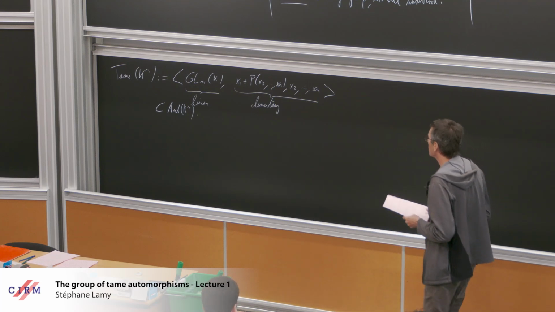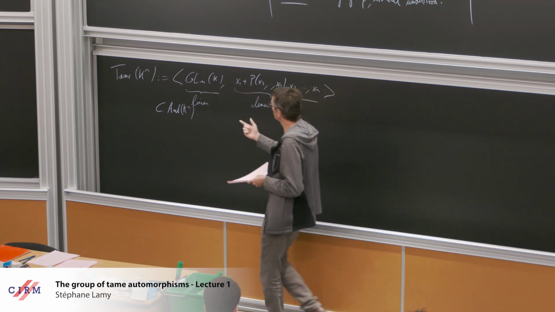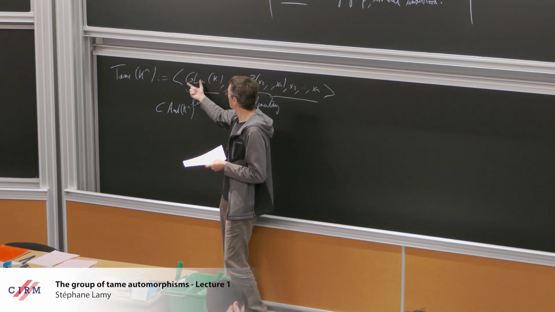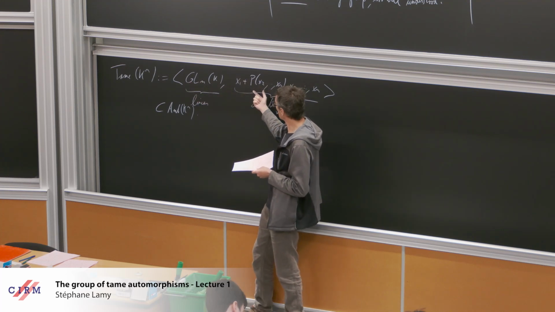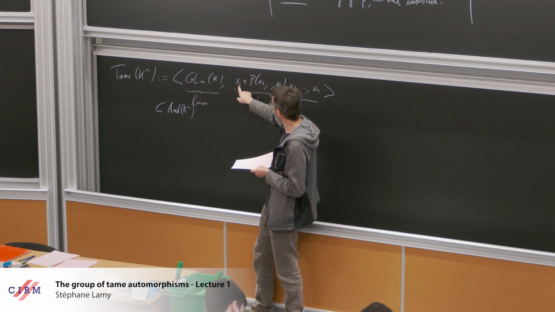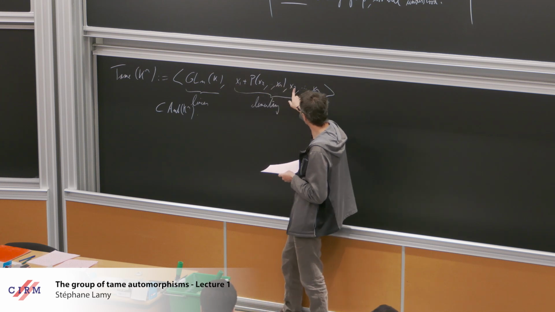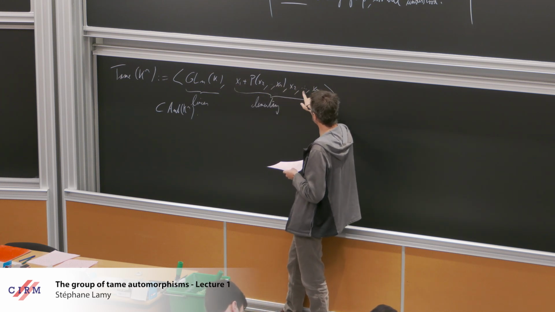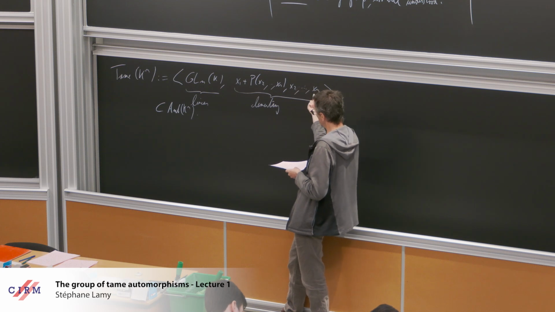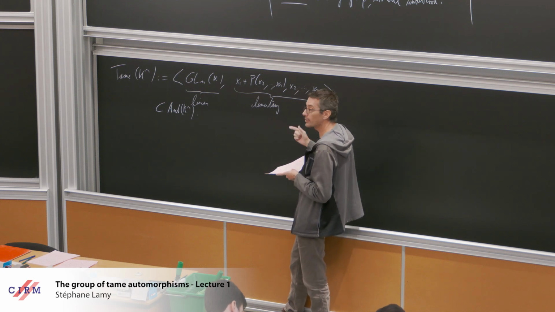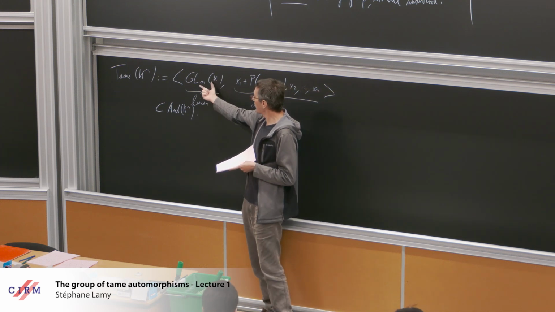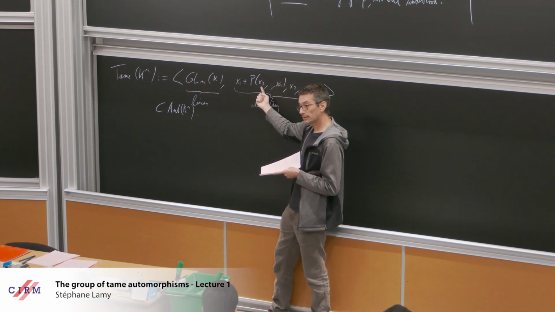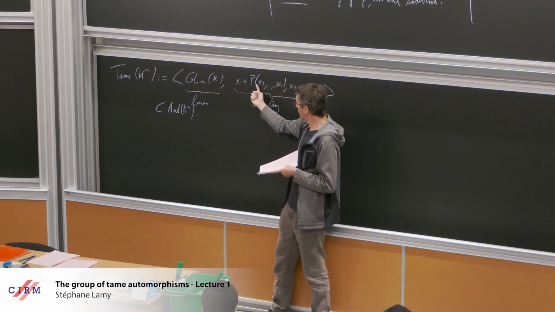Sometimes we define that as generated by affine and triangular. Triangular means you do the same, but maybe you put some coefficient, and you put x2 plus a polynomial in x3, ..., xn, and then each time you have one variable less. If you put affine, you don't need the translations because they are already there. P could be a constant.